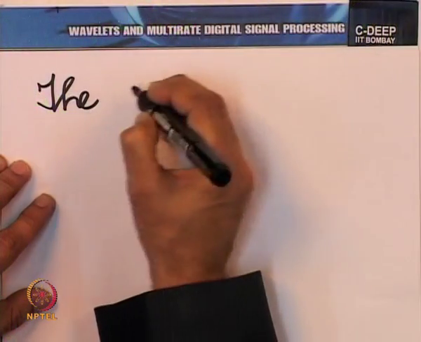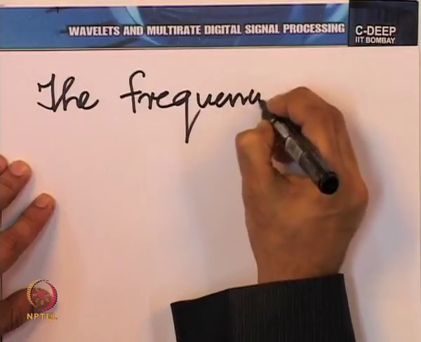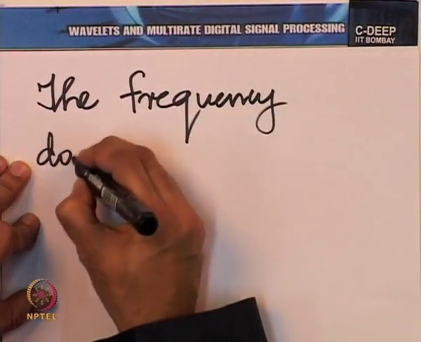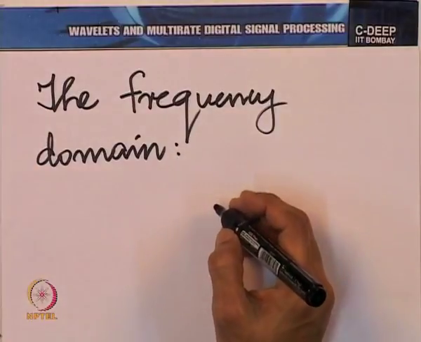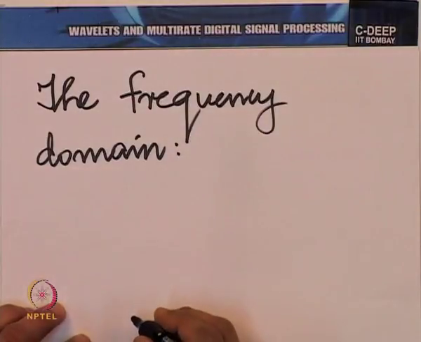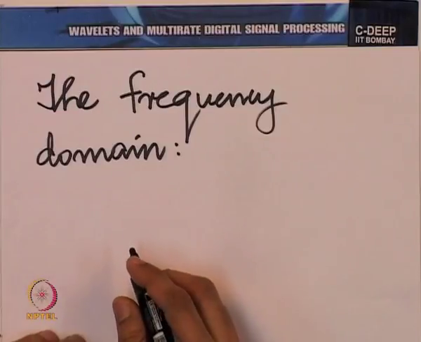So, our objective here is to look at the frequency domain behavior. And how would we get a frequency domain representation of the Haar filter bank? So, what we will do is we will progress as follows.